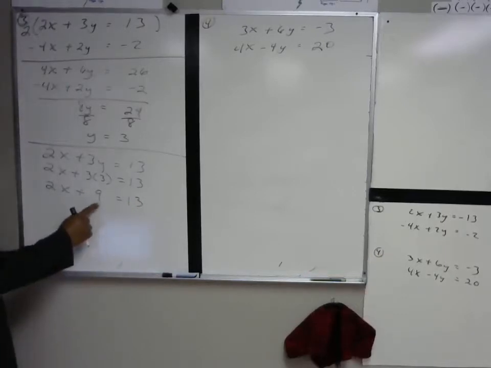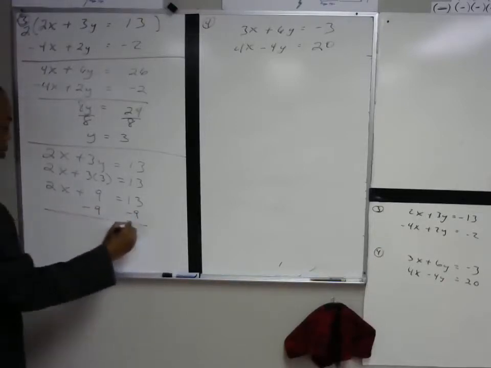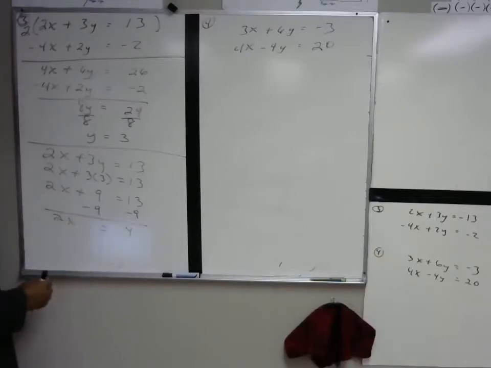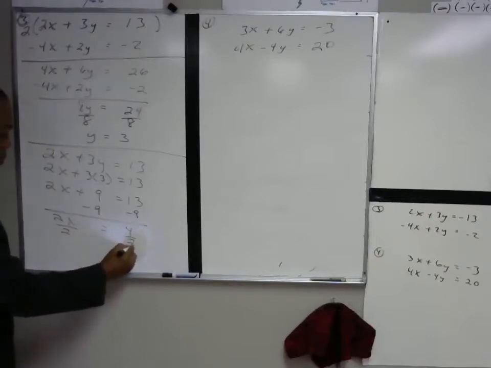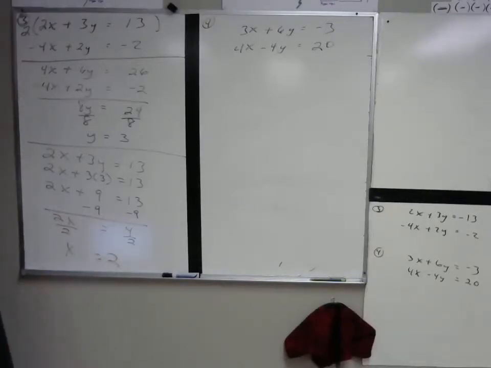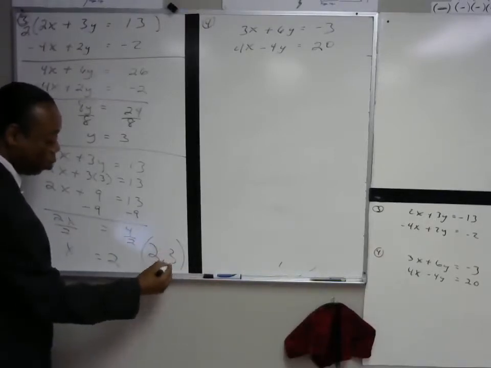Then I'm going to subtract 9 from both sides. That gives me 2x equals 4. Dividing both sides by 2 gives me x equals 2. So I would describe the solution as a coordinate of x is 2 and y is 3.